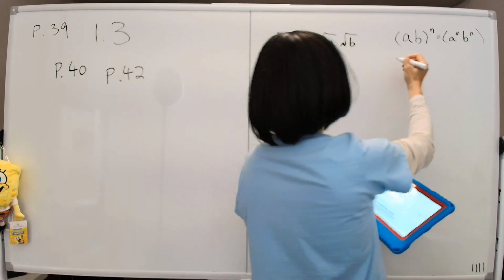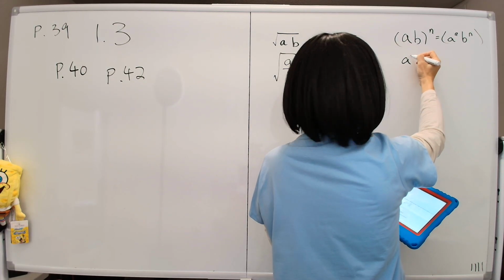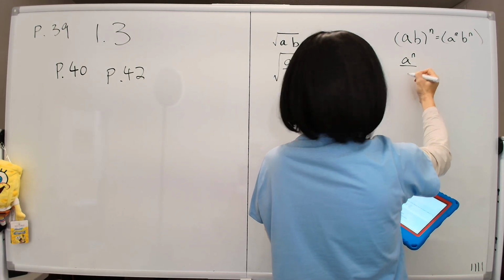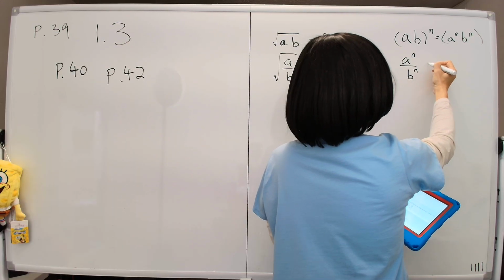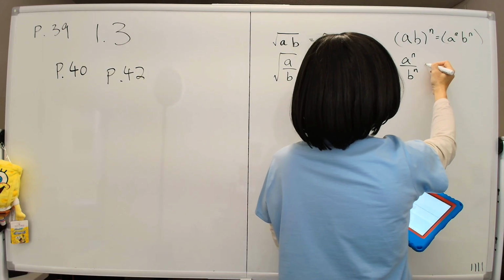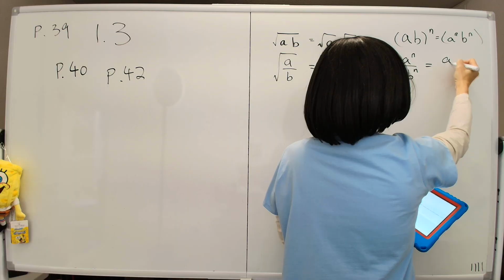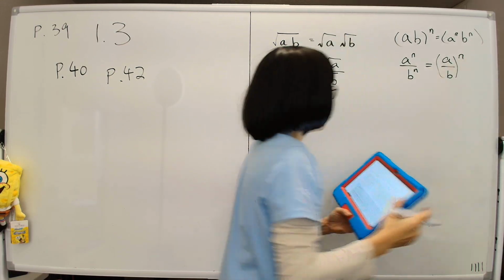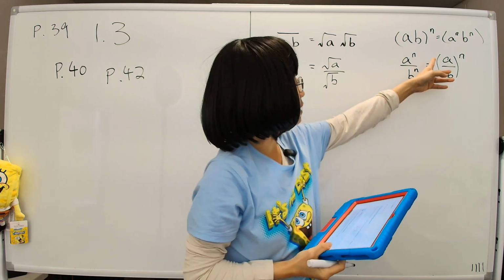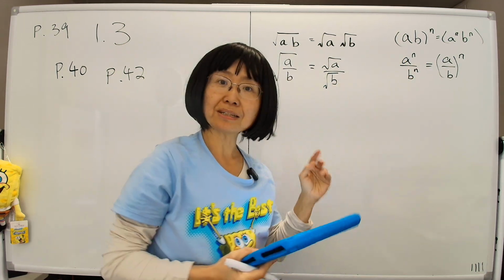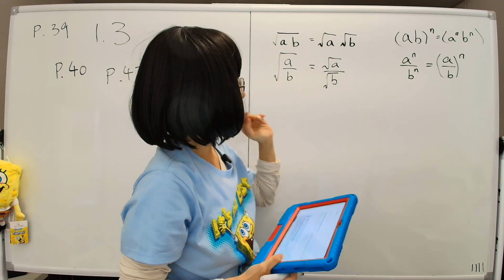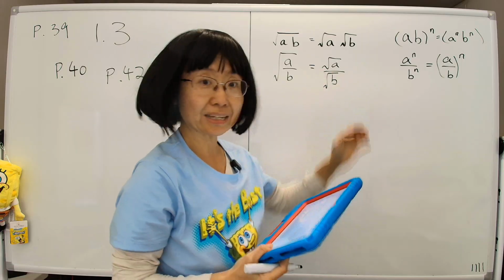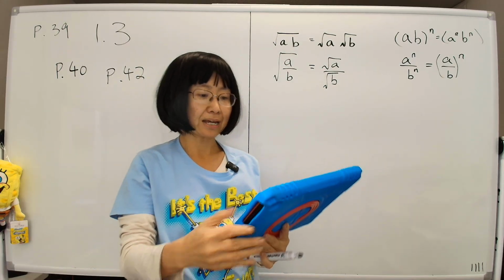And this is the same as the principle we learned in the previous section, which says (a over b) to the power n... no, I got it backwards. Whatever. It's equal to a to the n over b to the n. That is, the exponent, you can take it out and apply it to each one individually if it is being applied to the whole thing. This is the identical thing that we learned from the last section.